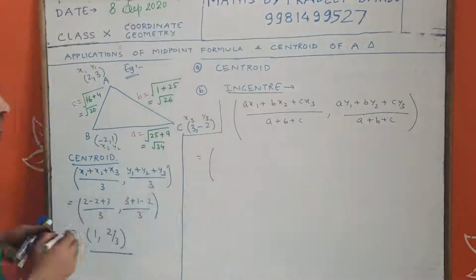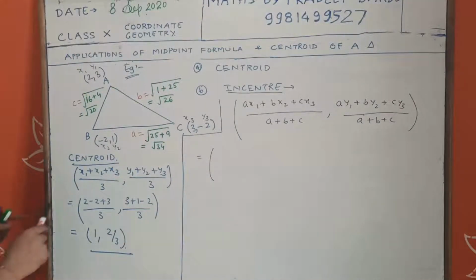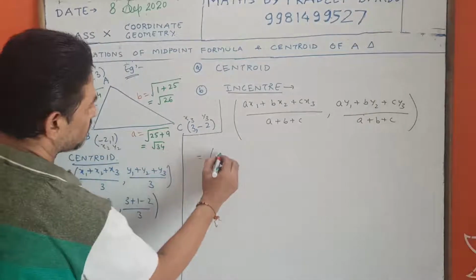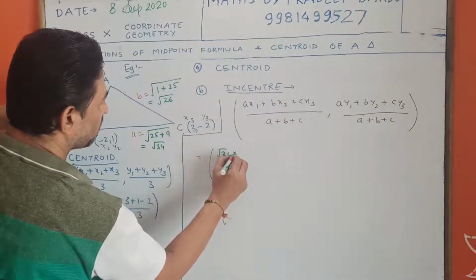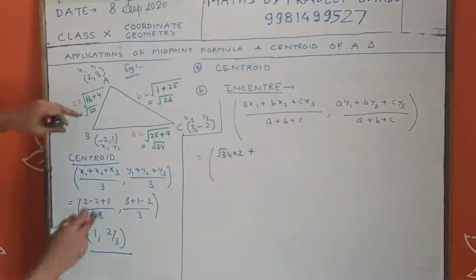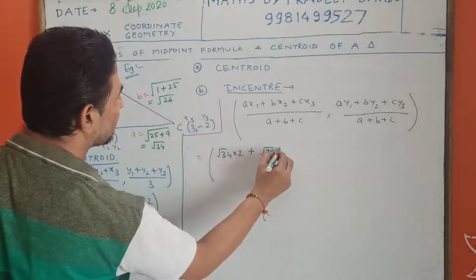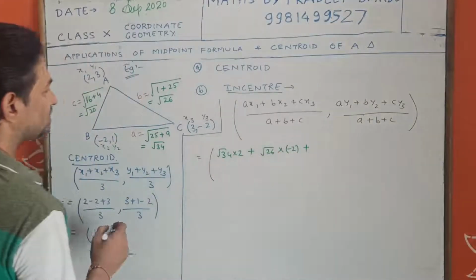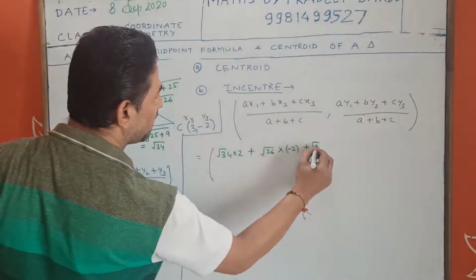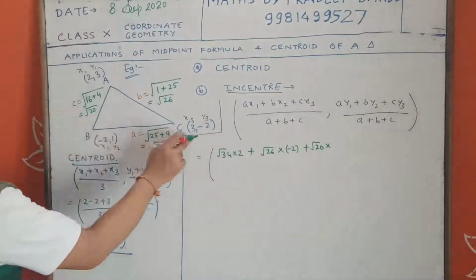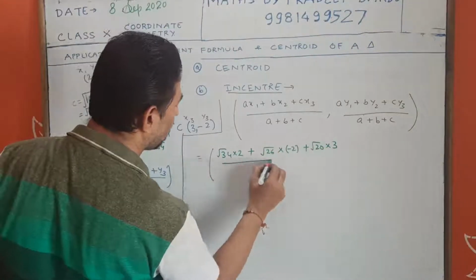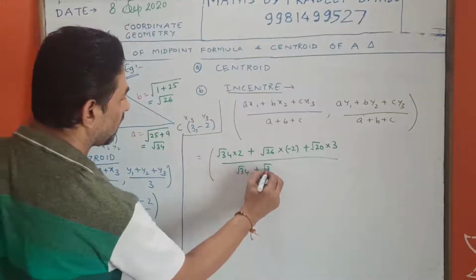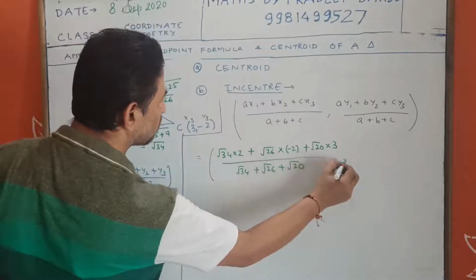So the coordinates of the incenter will be: a is root 34, x1 is 2, so root 34 into 2, plus b root 26 into x2, this is minus 2, plus c, that is root 20 into x3, x3 is 3, upon a plus b plus c, that is root 34 plus root 26 plus root 20.